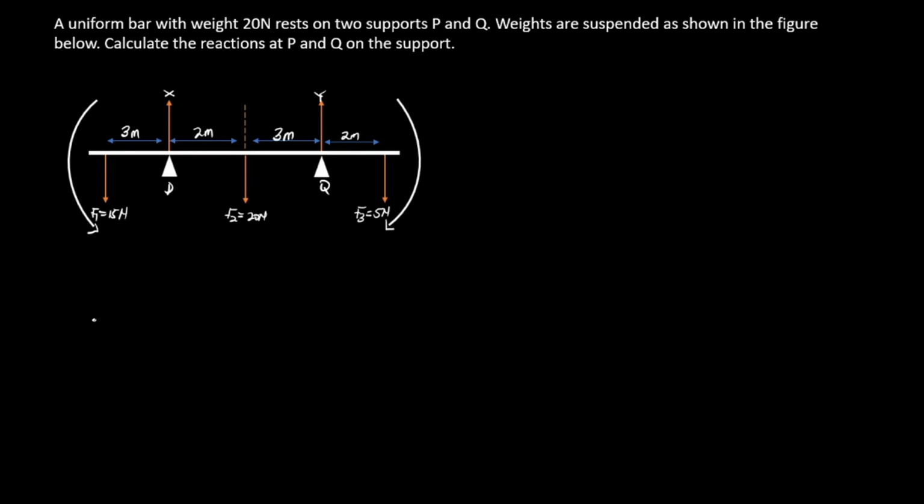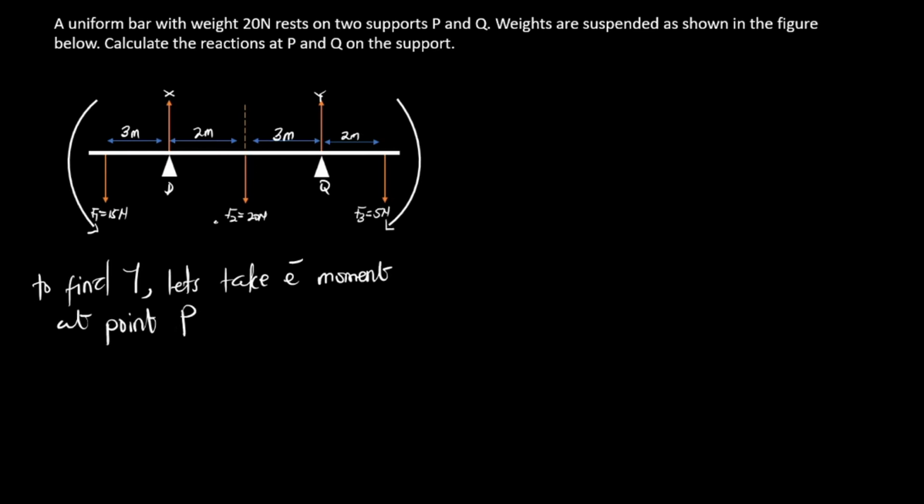First of all, let's find Y. To find Y, let's take the moment at point P. If we are taking the moment at point P, it means only the pivot P is going to be our pivot that we use to count the moment.